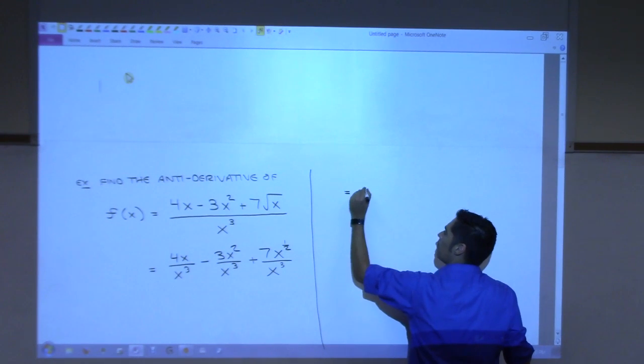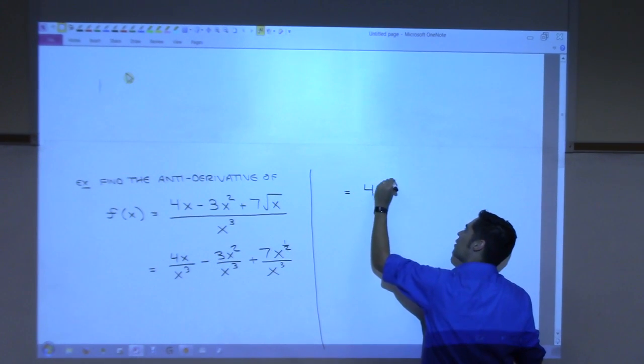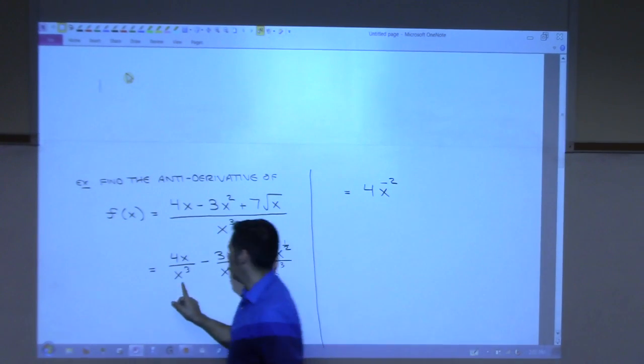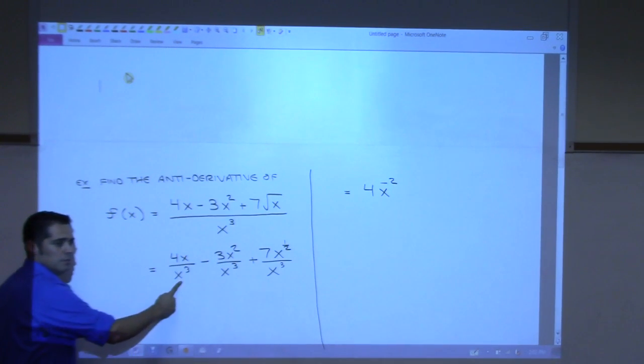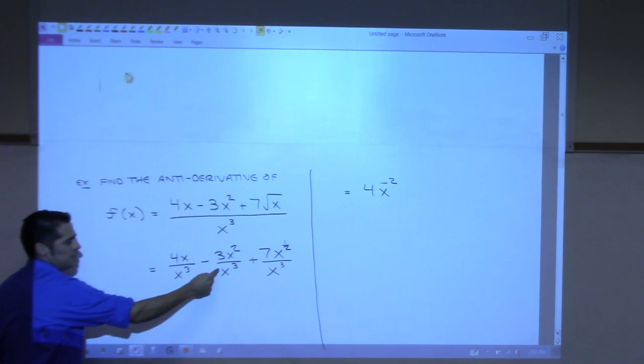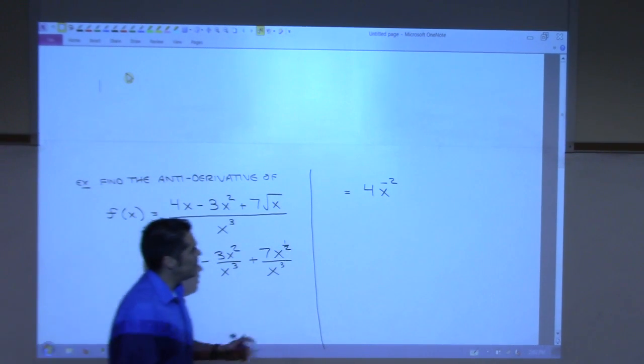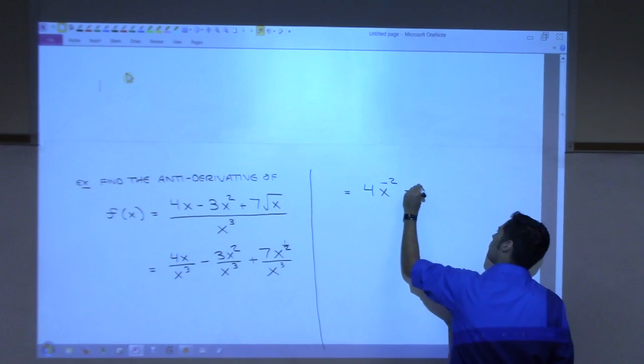What is 4x over x cubed going to be? 4 over x squared, which I can write as 4x to the negative 2, right? That's what this is? What about this one? 3x to the negative 1. Minus 3x to the negative 1.